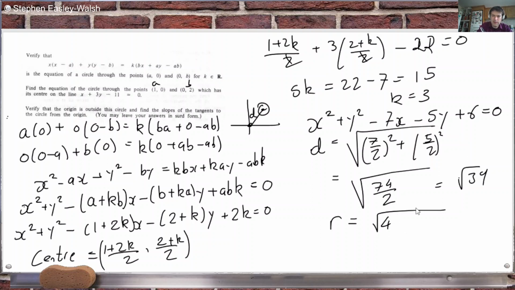No, that's not right. 7 over 2 squared plus 5 over 2 squared minus 6, I think. It's the formula, isn't it? Oh, well, I can see that's smaller, yeah, because of the squaring. That's 5 root 2 over 2.